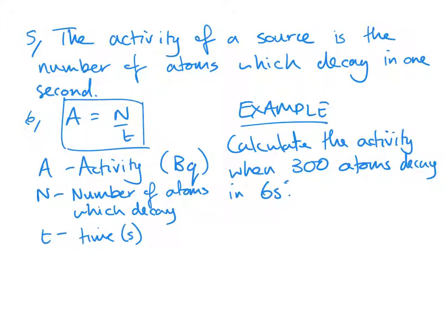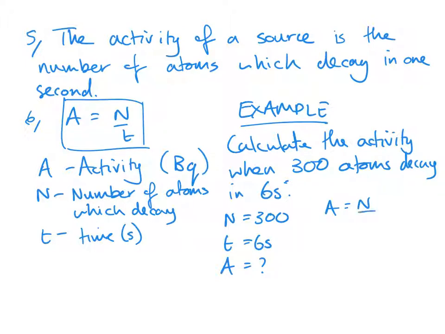Usual, analyse the question to get what information you've got. So the first thing you've got is that 300 atoms decay. So N is 300. Right, no units. Always feels a wee bit strange writing down numbers with no units. And we know that that takes, in this example, 6 seconds. So T is 6 seconds, and we're being asked the activity.